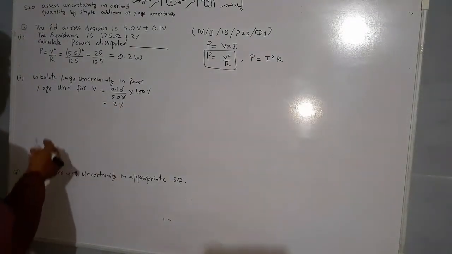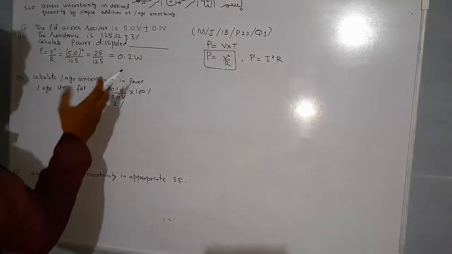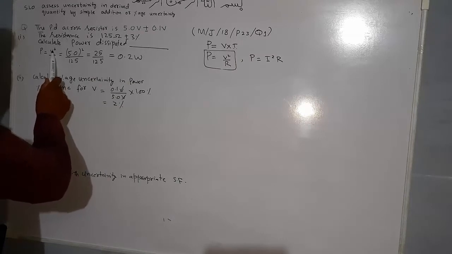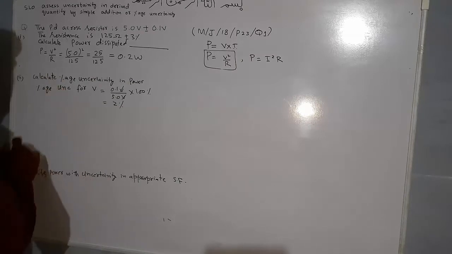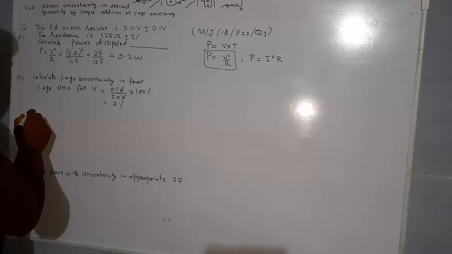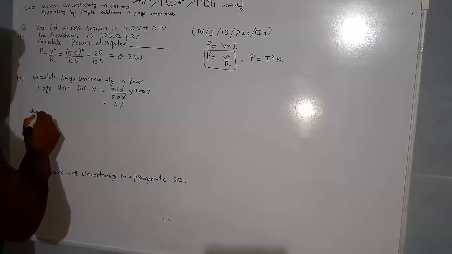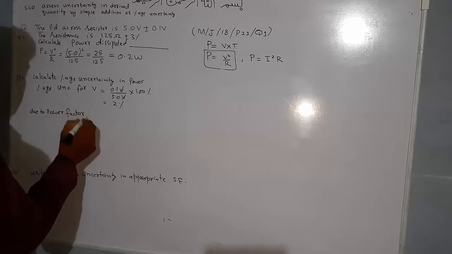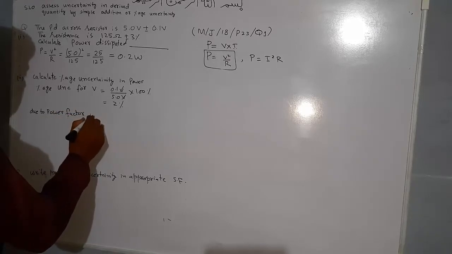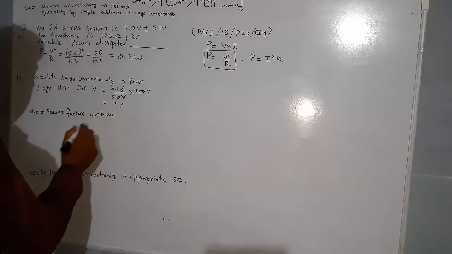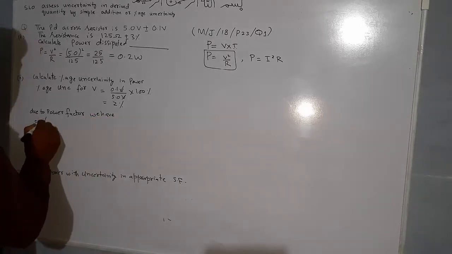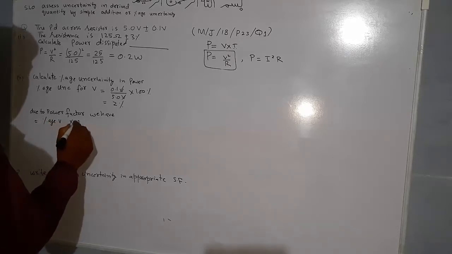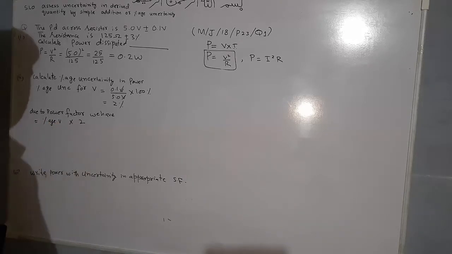But we have to account for the power factor as well, because in the formula of power, V square over R, there is a power factor for the voltage. So the percentage of V is multiplied with the power, which is 2.